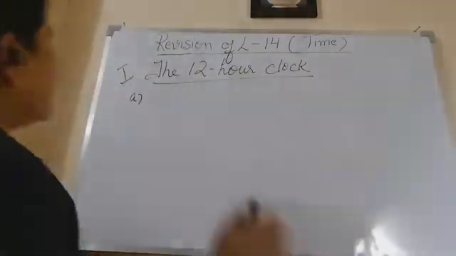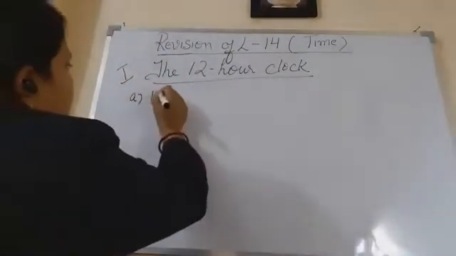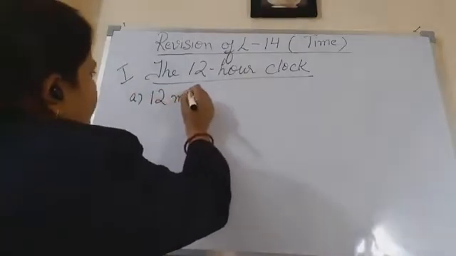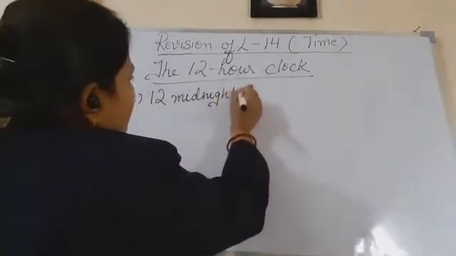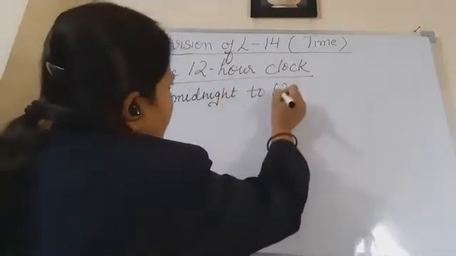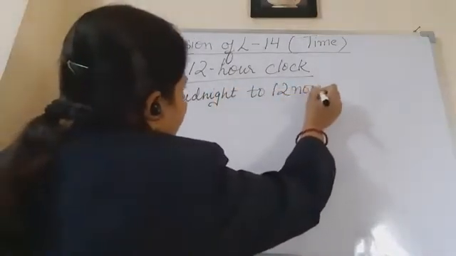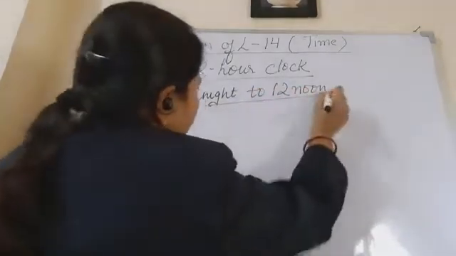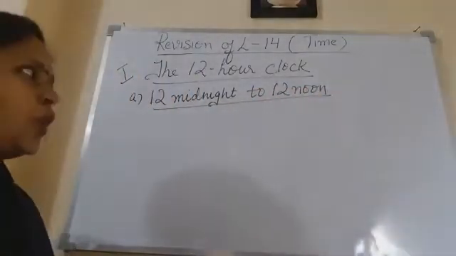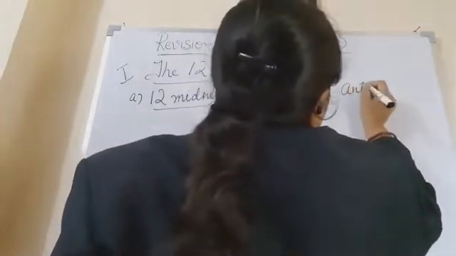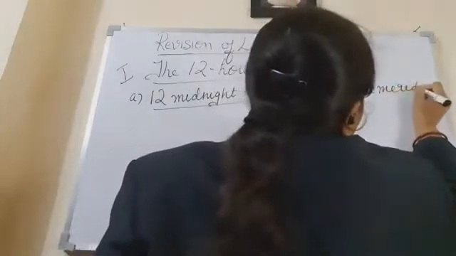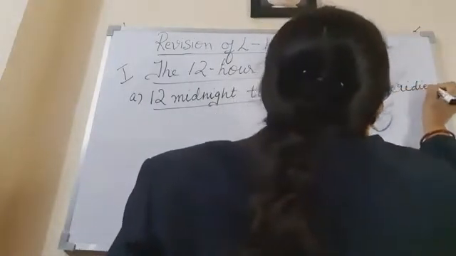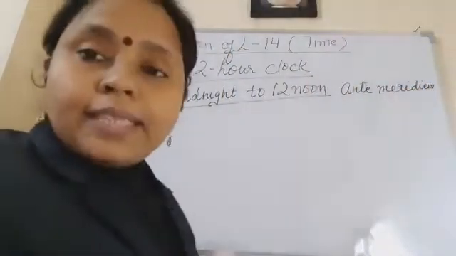So, the first period starts from 12 midnight to 12 noon, right? And this period is called anti-meridian. And children, what do we mean by anti-meridian?